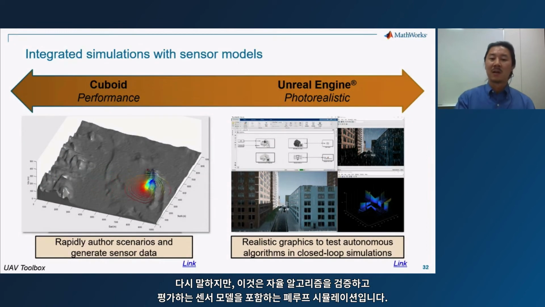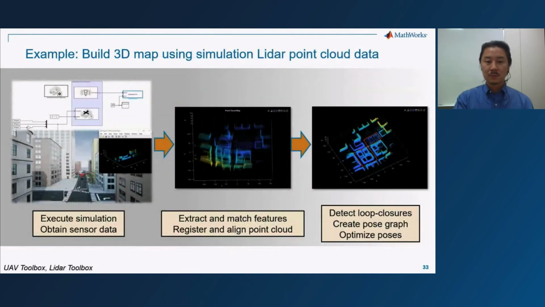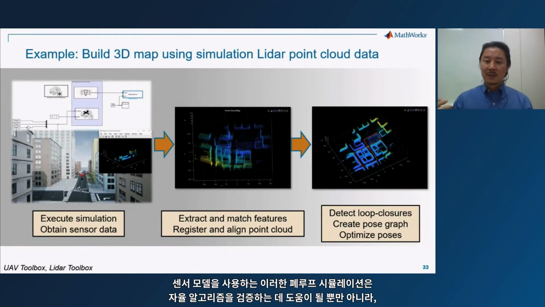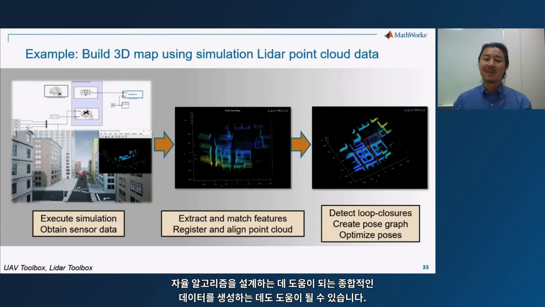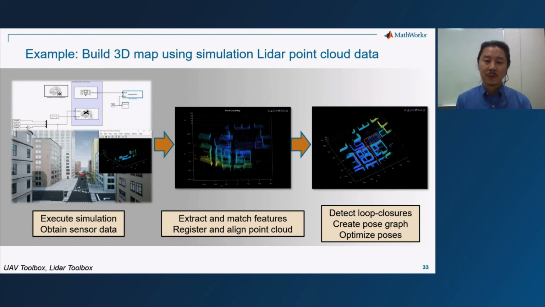To evaluate your autonomous algorithms. And not only can these closed loop simulations with sensor models help in verification of autonomous algorithms, but they could also help generate synthetic data to help design your autonomous algorithms as well.